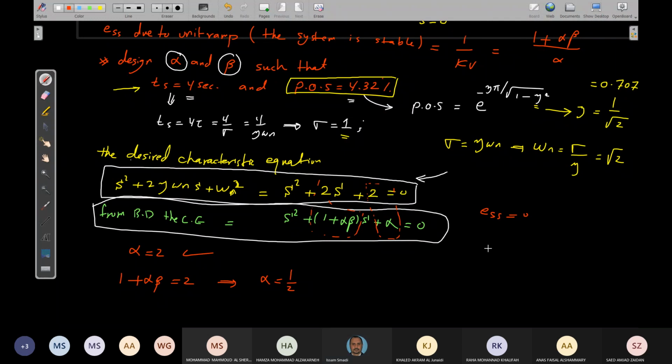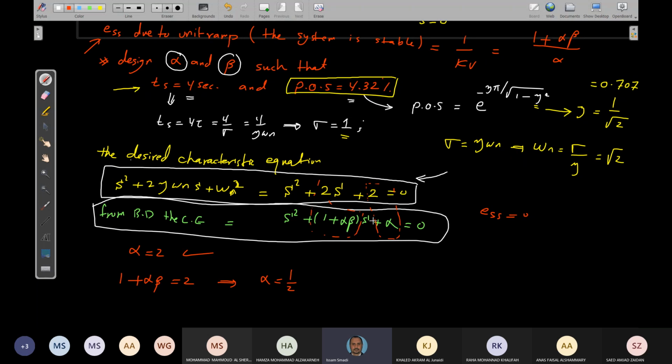So how can you calculate? From the second one, the unit ramp, which is 1 over Kv, equal to 1 plus alpha beta over alpha, so alpha surely is constant. But simply I'm not giving you any value for this steady state error. I know you mean that you can calculate it here from a second equation, you mean, huh? Yes. But simply it will be the same, huh?